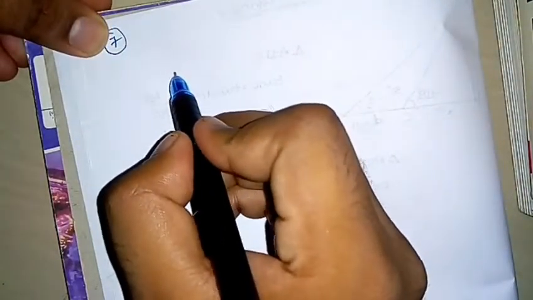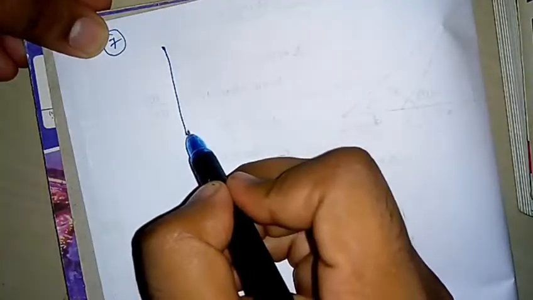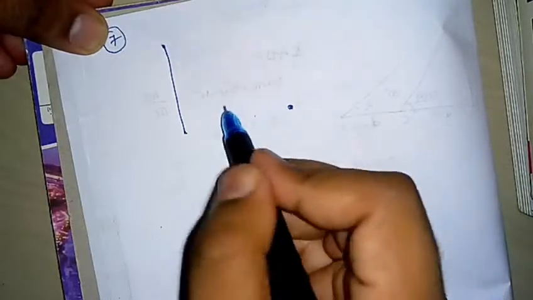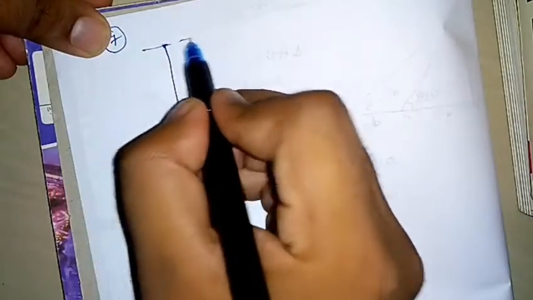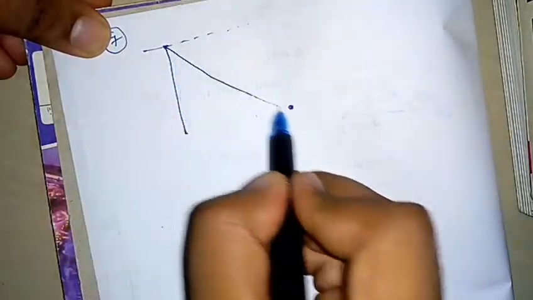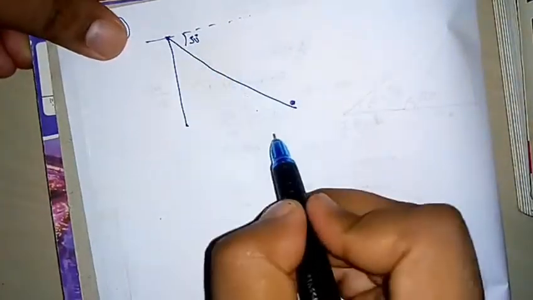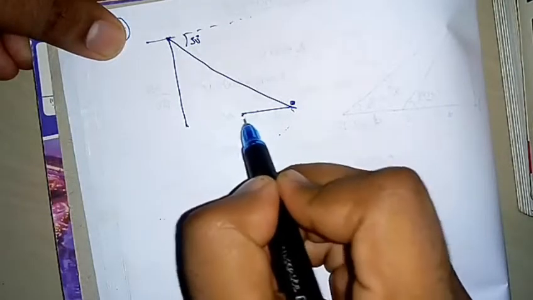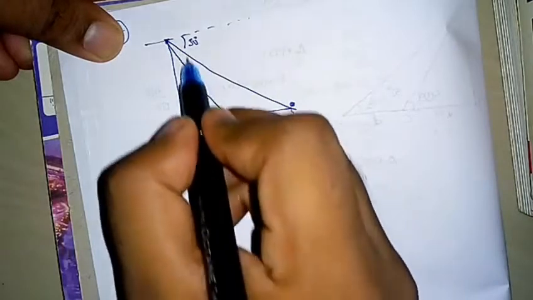So, initially, Rama is standing on top of the tower, somewhere here, observing a car which is here at an angle of depression 30 degrees. The car is approaching the foot of the tower. So after 6 seconds, he observes it at an angle of depression of 60 degrees.